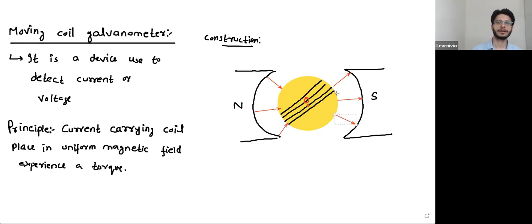This is a radial magnetic field. Radial magnetic field means the magnetic field is always perpendicular to the plane of the coil. No matter how this coil rotates, the magnetic field will always be perpendicular to the plane of coil. It's along the radial direction. To generate this type of magnetic field, we are using concave pole pieces.